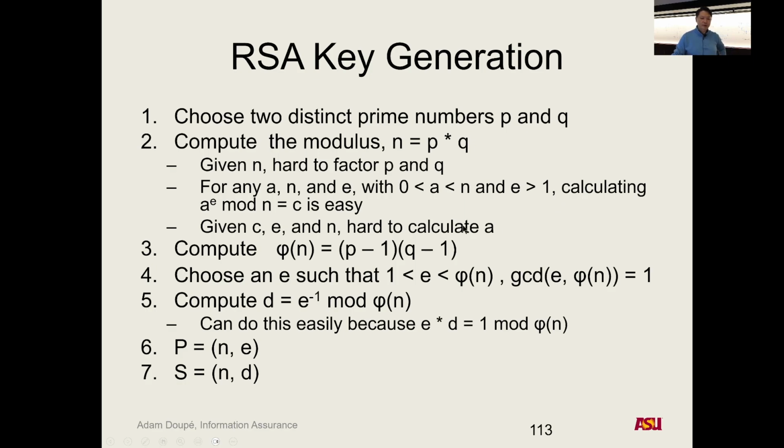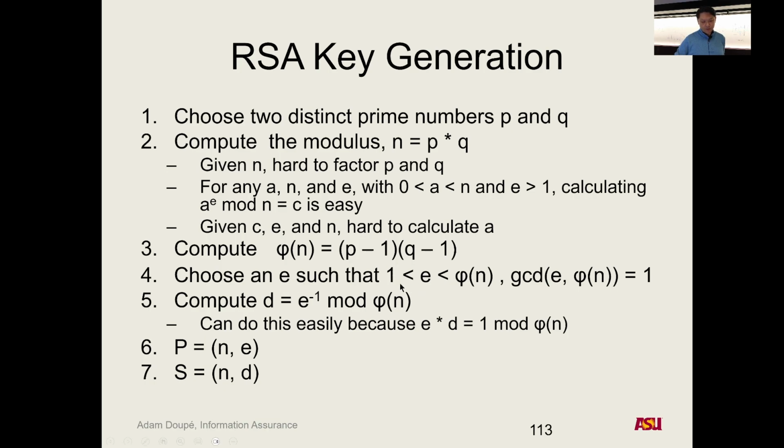I slightly changed some symbols here. Choose two prime numbers P and Q, they are provided, right? And we can get N by the product of P and Q. We can get the phi function, the product of these two factors, and then choose E. E is going to be the public exponent, right?